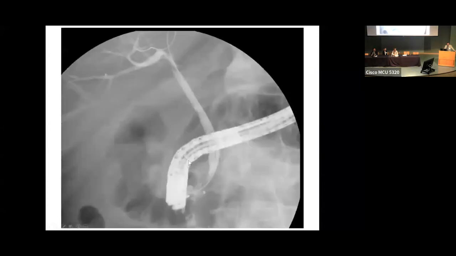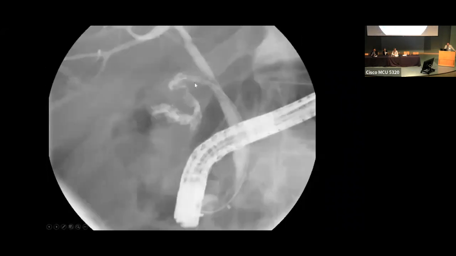Here's an example of a patient who had cholecystitis, one of my patients. You can see there's a prophylactic pancreatic stent we got in. There was no initial visualization of the cystic duct, although you can see here maybe a tiny nubbin of cystic duct. We were able to finally get into the cystic duct with the use of a sphincterotome, because the sphincterotome will lean or orient toward the right side of the patient.